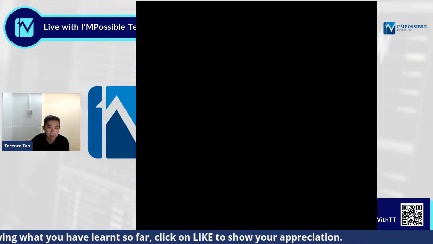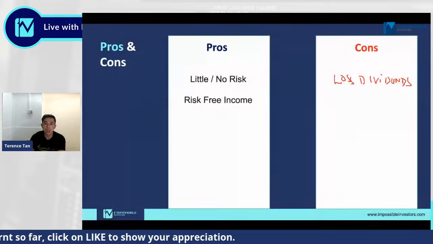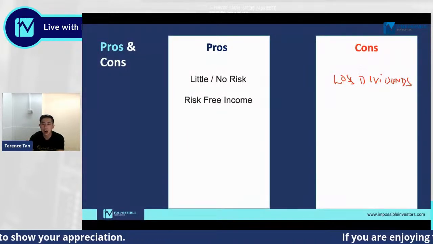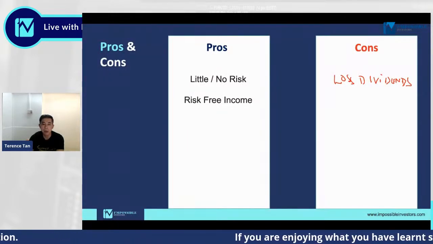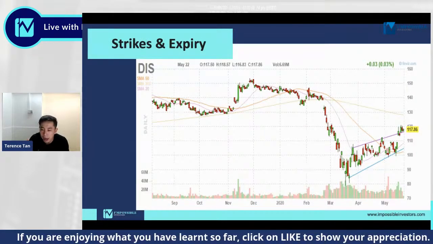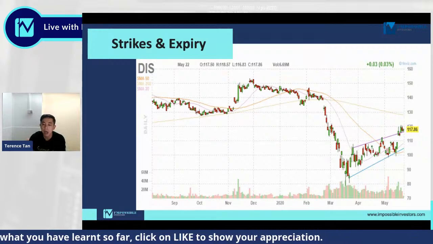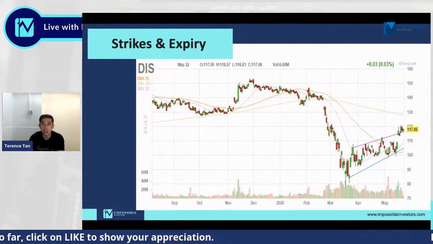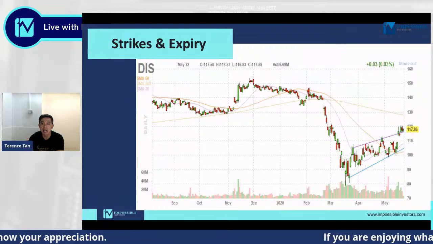Now, just to put into context the whole Disney example, I'm just going to go ahead and show you. So Disney was looking something like that on the chart. We realized that it was in the channel and it's kind of breaking out from the channel.